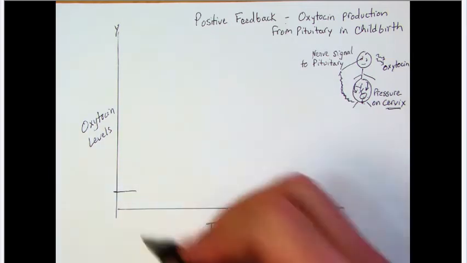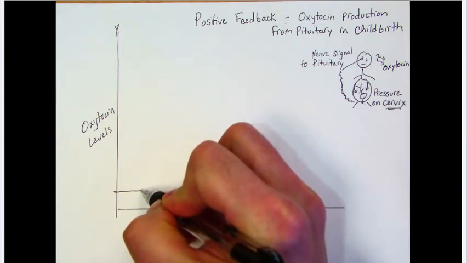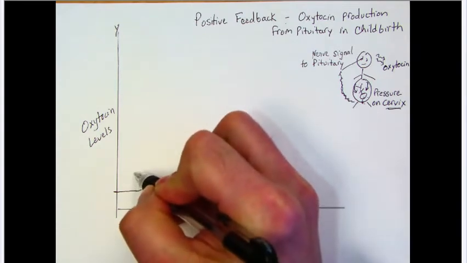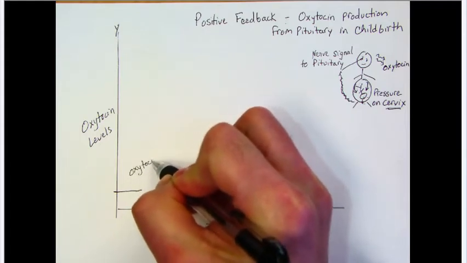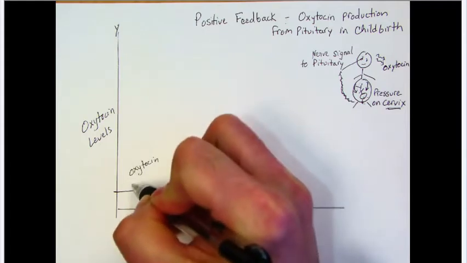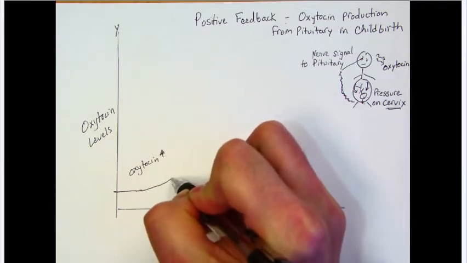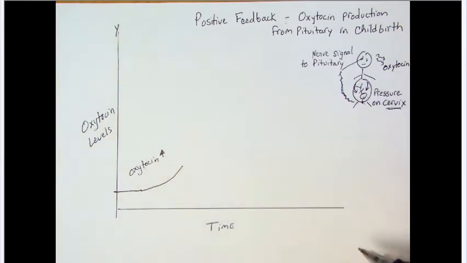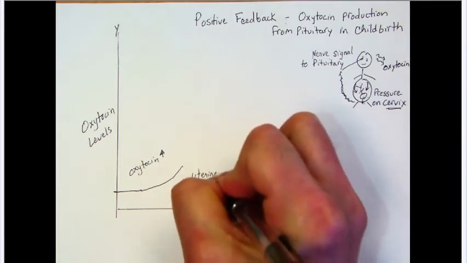But as more and more time goes on, there's going to be greater pressure on the cervix, which is going to cause oxytocin to increase. And the result is uterine contraction.